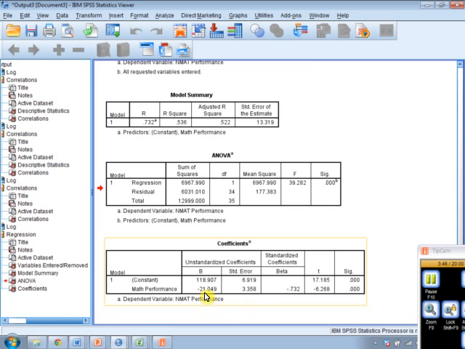So what is now our model? Our model is going to be y hat is equal to 118.907 minus 21.049. How are we going to explain? We have to explain the interpretation for our b sub 1 and our b sub 0.